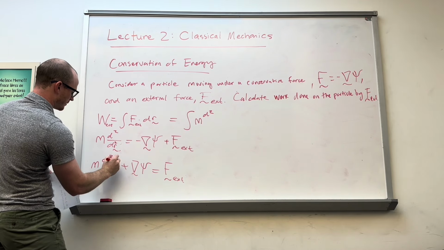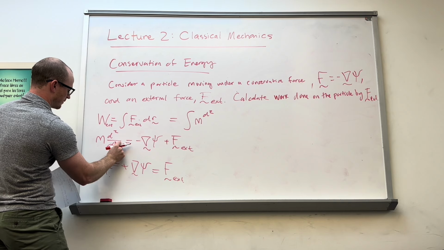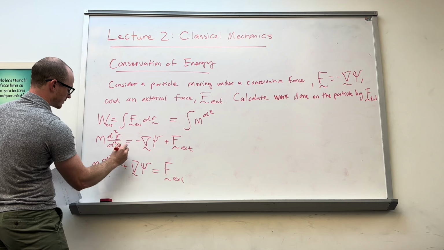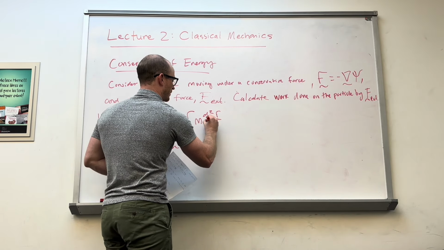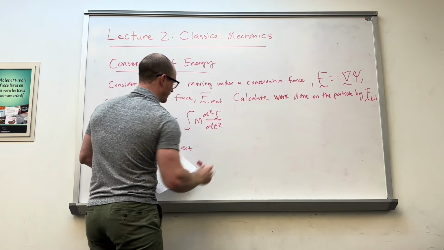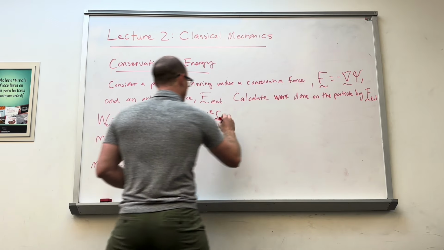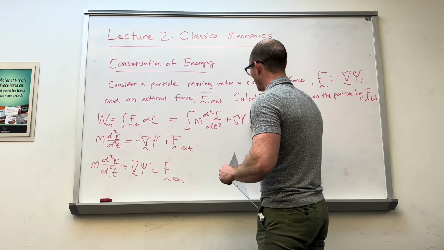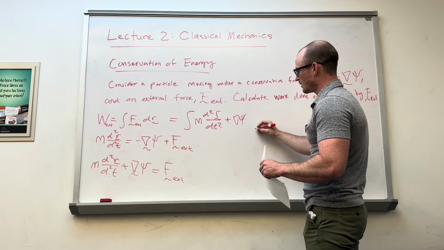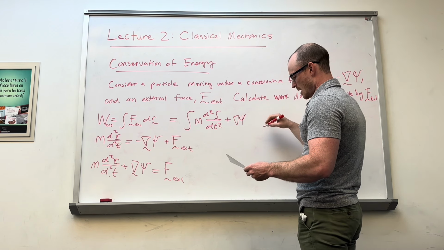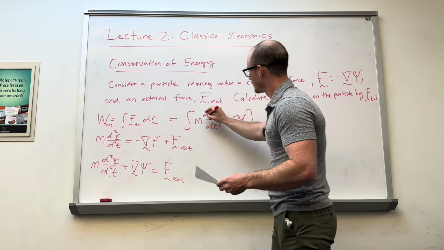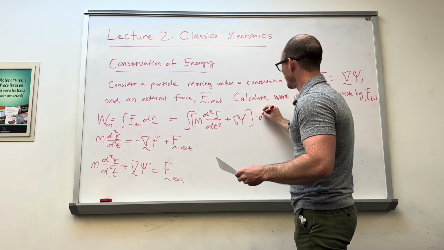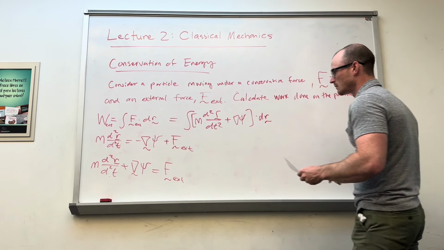I wrote this wrong. dr, d squared t. There we go. Sorry about that mistake. dt squared plus the gradient of psi, and this is the integral over r still.